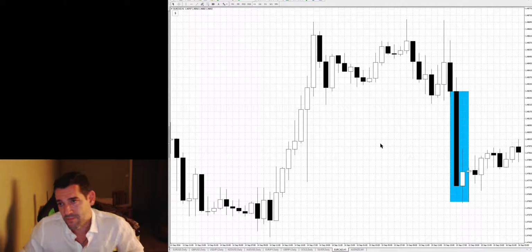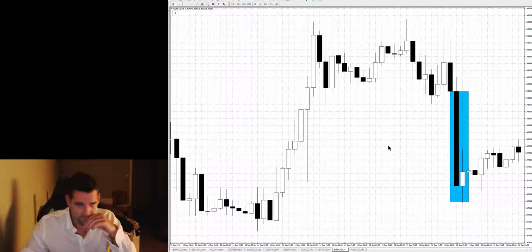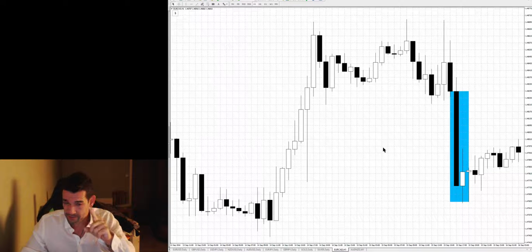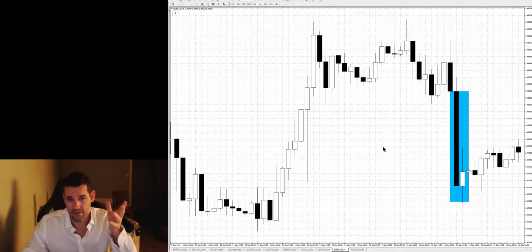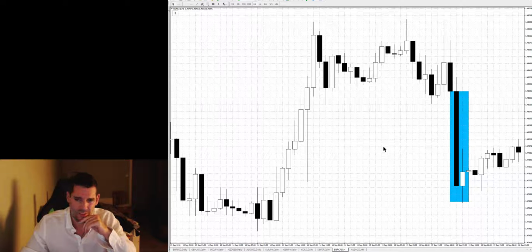And similar to harami, but not similar in outlook, is dark cloud cover, which is the, I wanted to say it's the bear variant, and the piercing pattern is the bull variant, but it's wrong because they are losing power formations. Can't really do that.